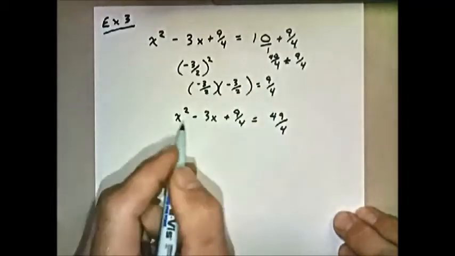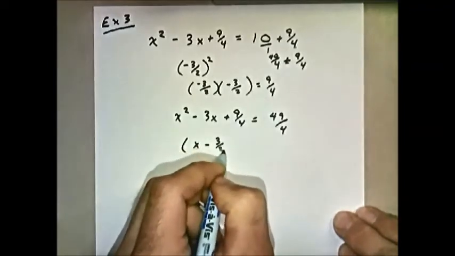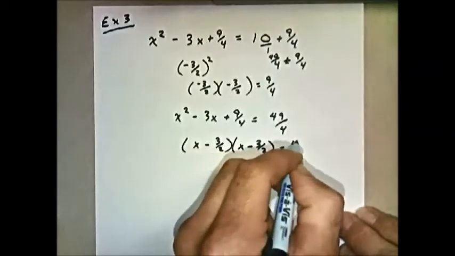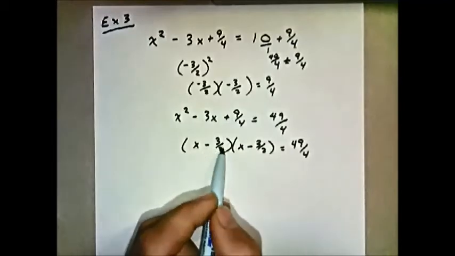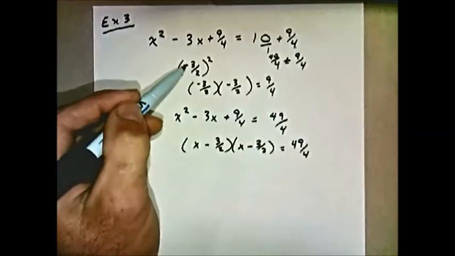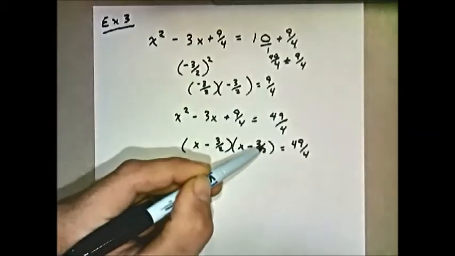Now we can go ahead and factor this. So we get x minus 3 halves times x minus 3 halves equals 49/4. You may ask the question, wow, how did you get that so quick? Notice the negative 3 halves that we squared up here is what we ended up with down here as our constant.